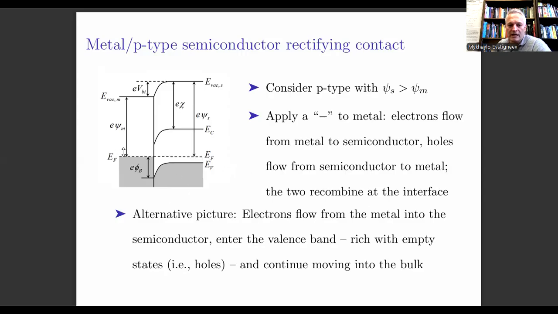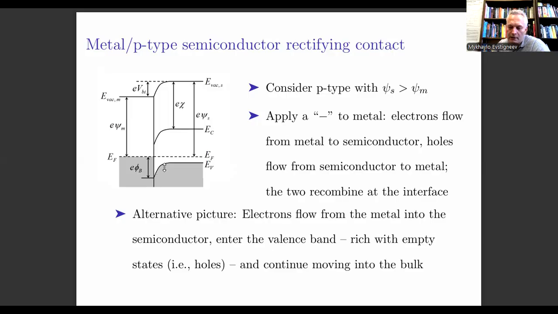and the contact is rectifying for the following reason. If you apply a negative bias to the metal, you are attracting the majority holes from the semiconductor into the metal. Or you can think of it differently: if you apply a negative bias to the metal, you are pushing the electrons from the metal into the semiconductor. Those electrons happily fall into the valence band of the semiconductor.